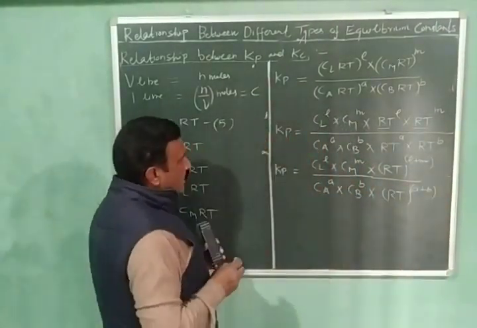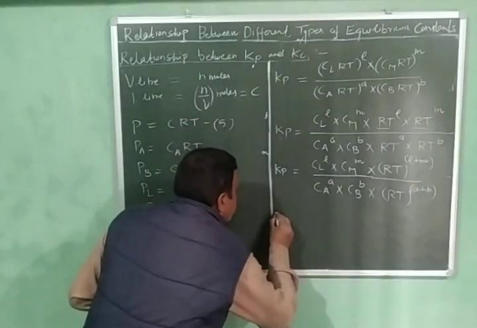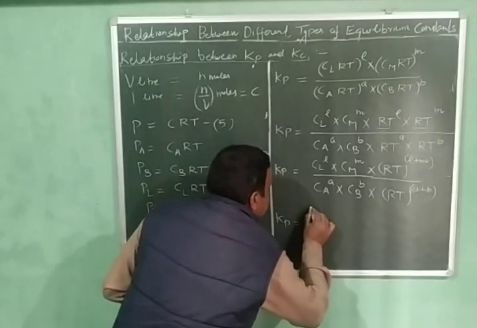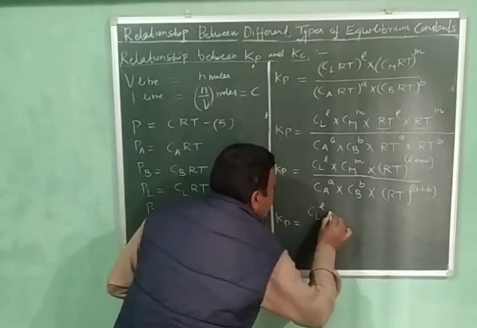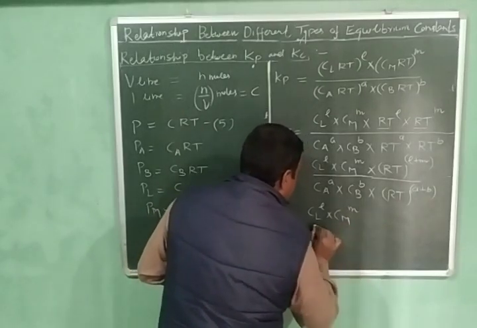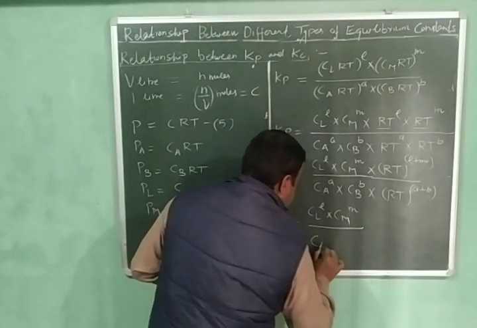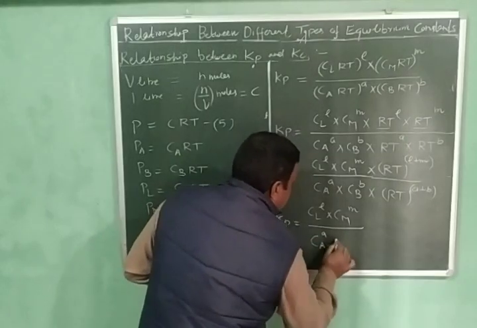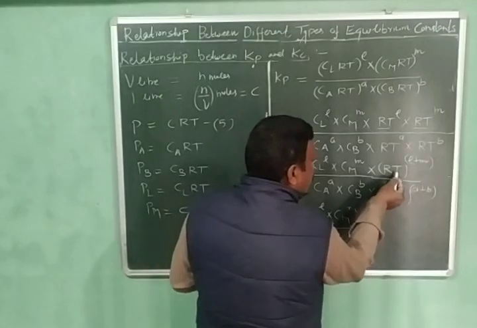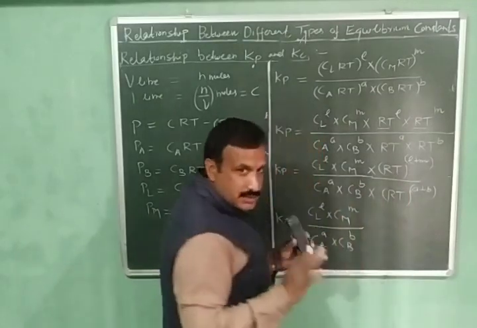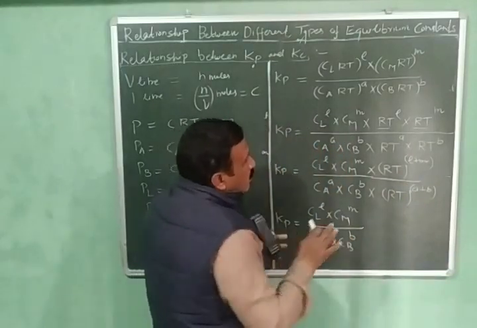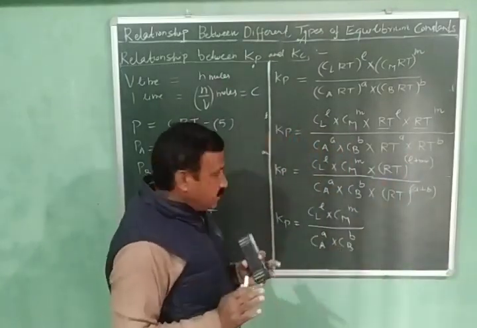Okay, and Kp will be equal to Cl raised to power L into Cm raised to power m divided by Ca raised to power A into Cb raised to power B, and here RT, that is the bases are same and we have division sign in between, then their powers will be subtracted.